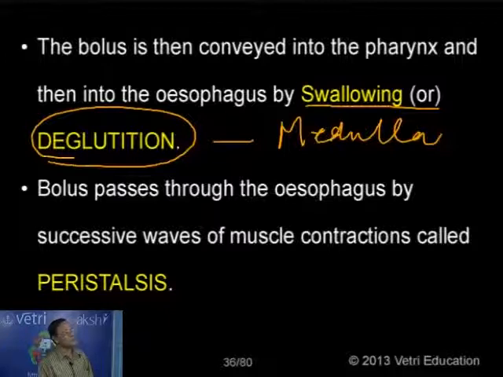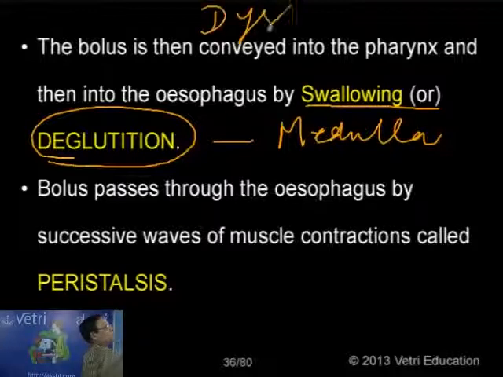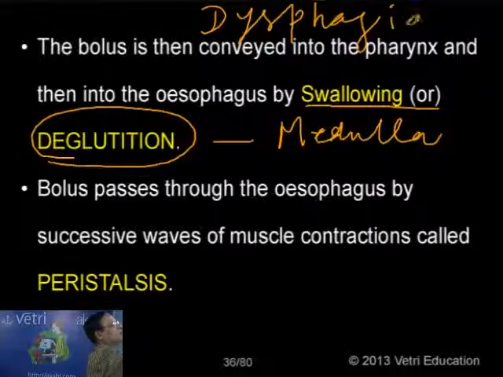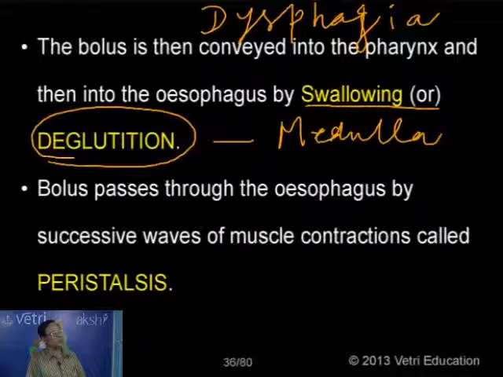Sometimes a person is unable to swallow food because of certain reasons. That condition is called dysphagia. Unable to swallow either water or food. There are many reasons; for example, when you are frightened, choking occurs and you are unable to swallow the food, either liquid or solid.